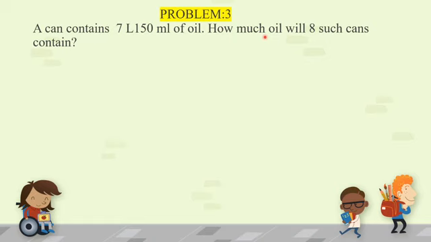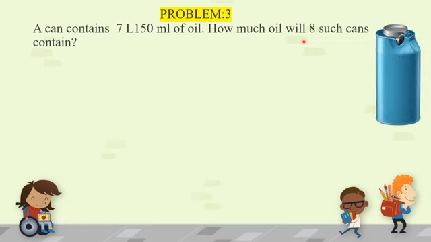We multiply to find what will be the product, what will be the answer. So we will multiply the given liter and milliliter with 8 to find the answer. So let's solve it to understand better.